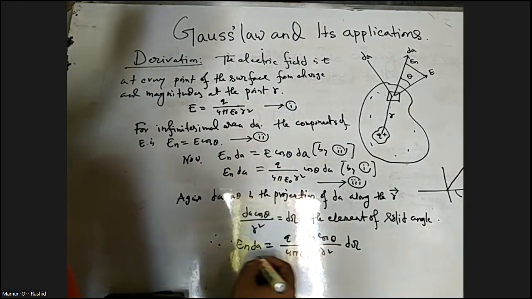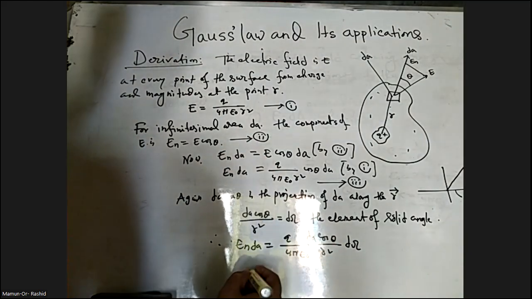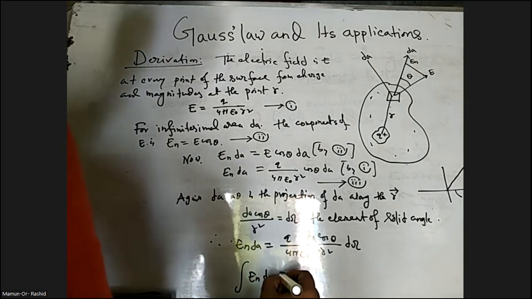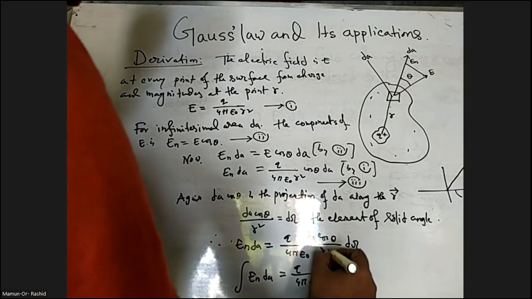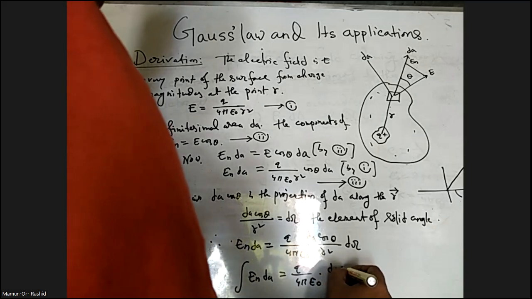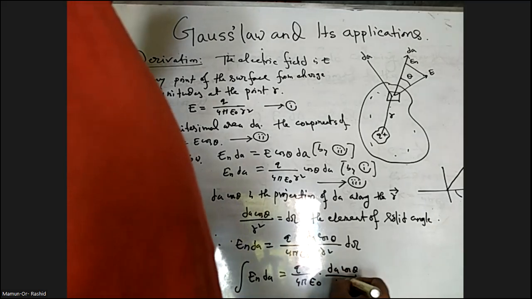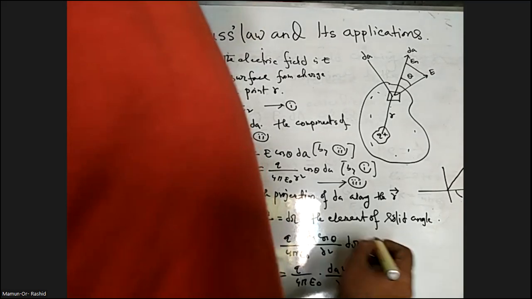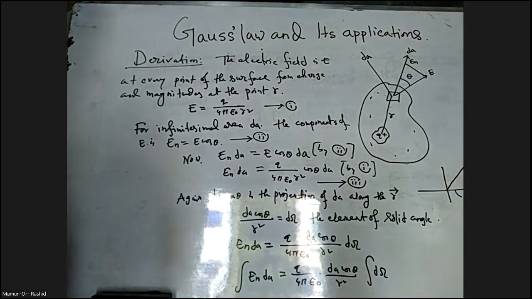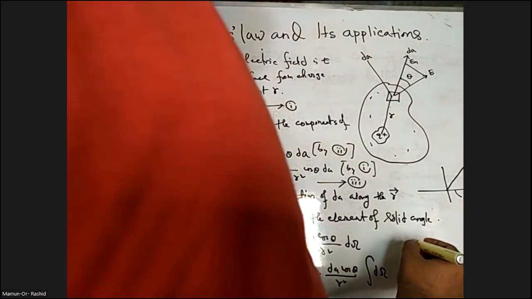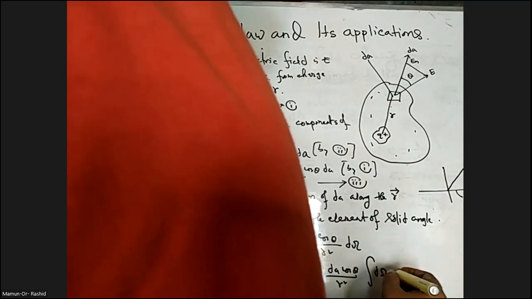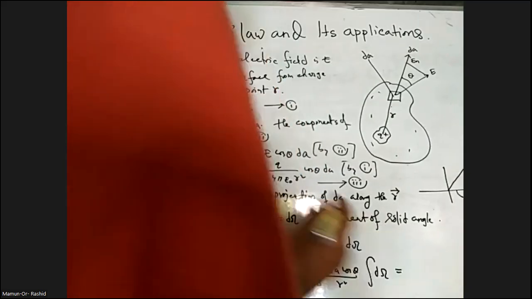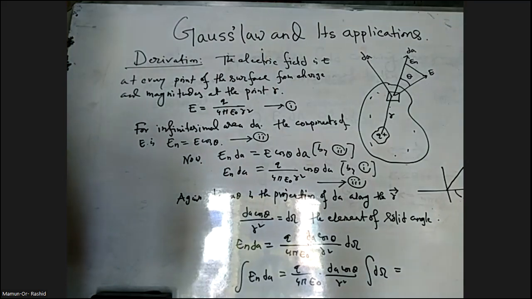Now, if we take the integration of En dA, all are constant, Q by 4 pi epsilon naught times the integral of d omega. You must know this total solid angle will be 4 pi steradian.